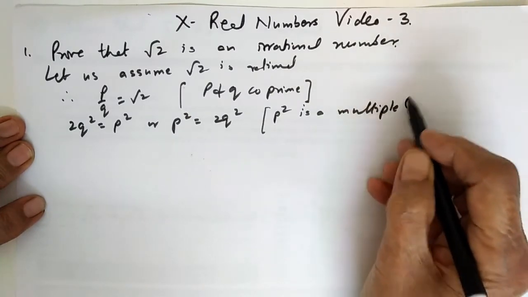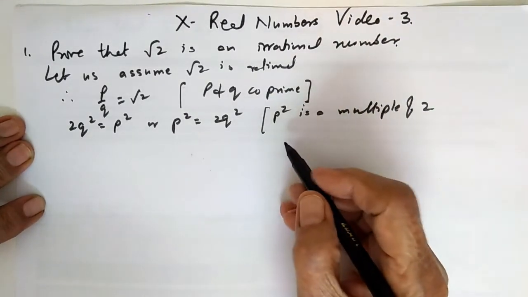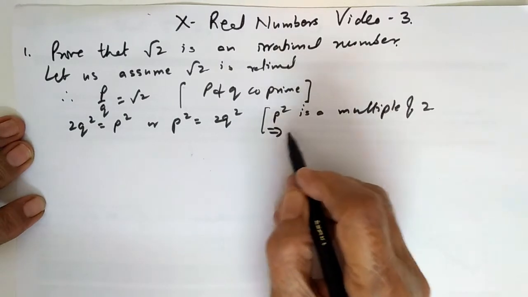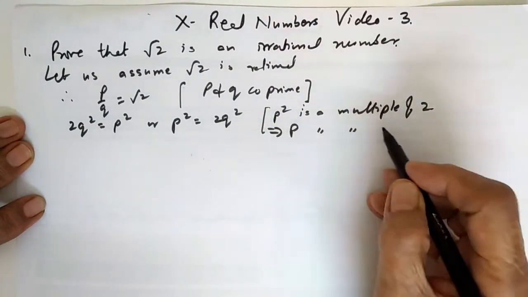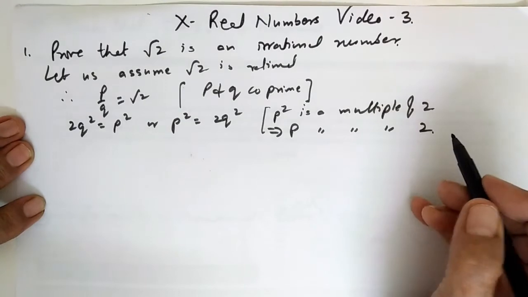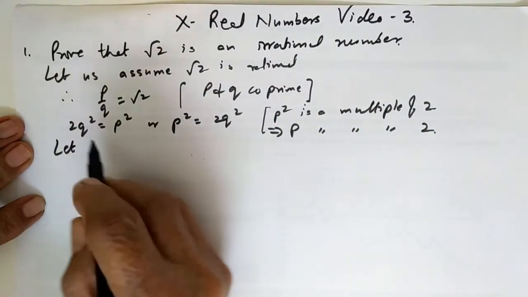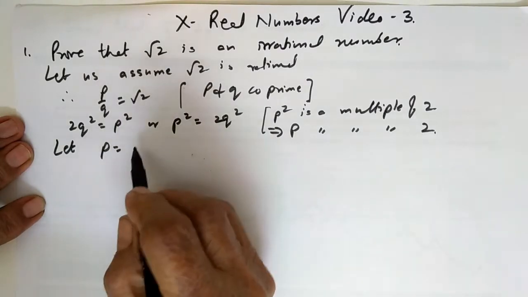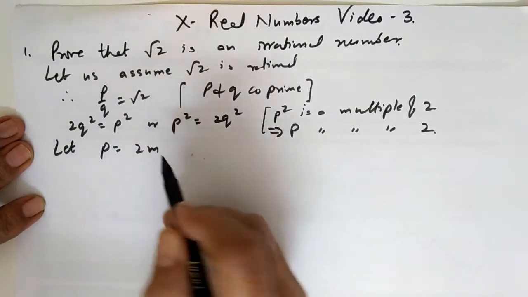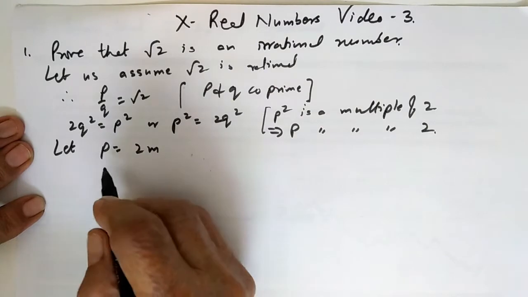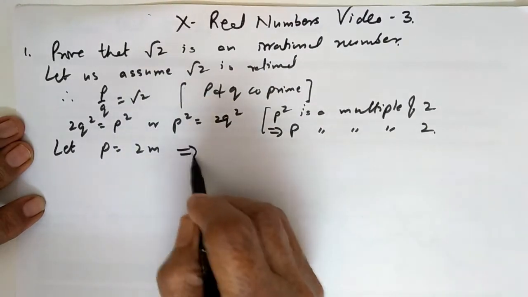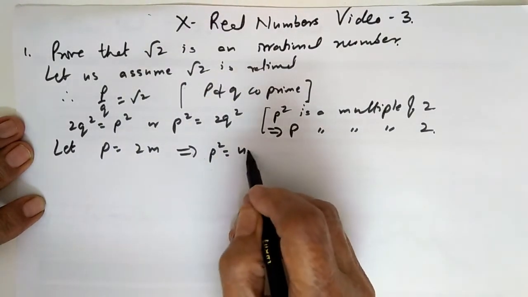If P square is a multiple of 2, which implies P is also a multiple of 2. When P is a multiple of 2, तो P को हम let P is equal to 2m. Again, P square is equal to 4m square.